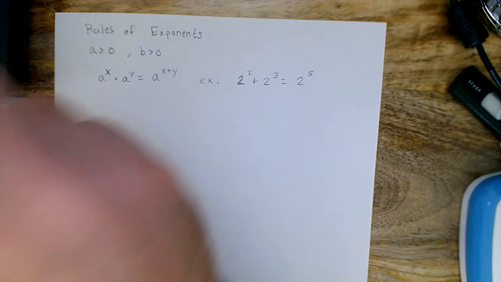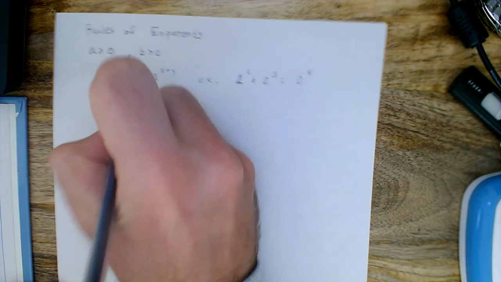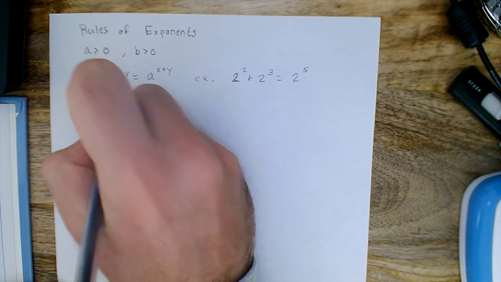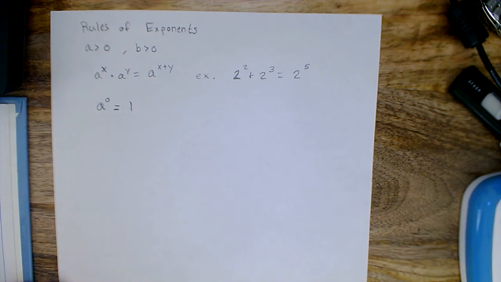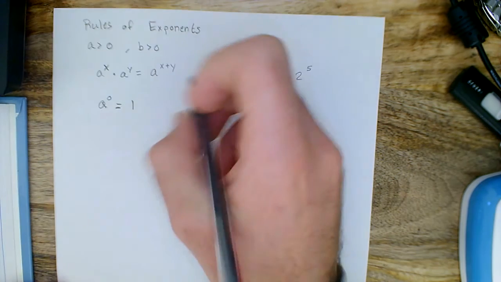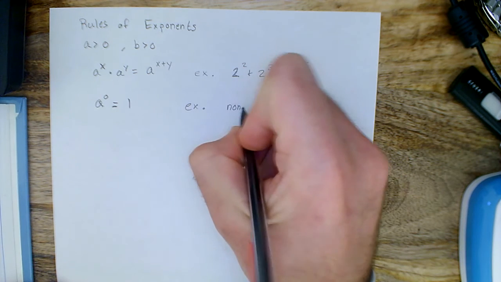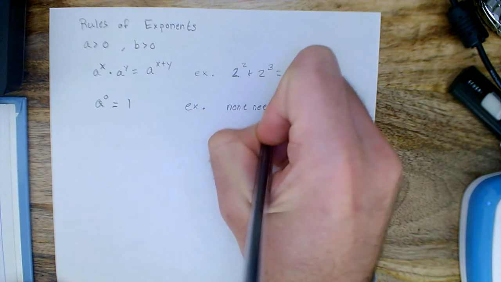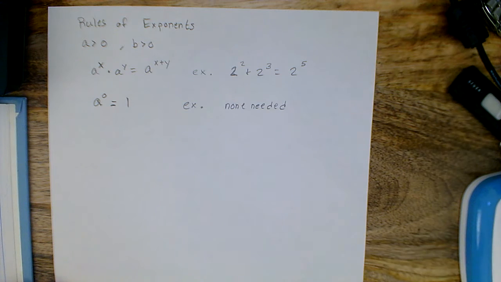Alright, so what about for any number, a to the 0 power is 1. Okay? Example, none needed here, because any number to the 0 power is 1.